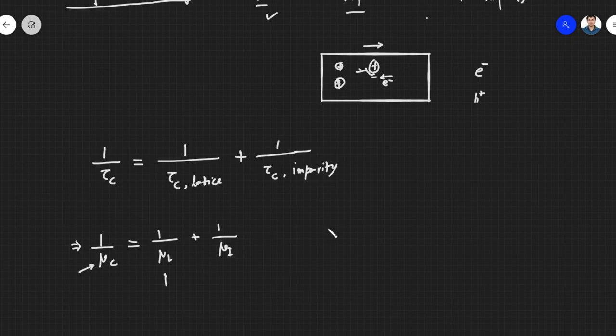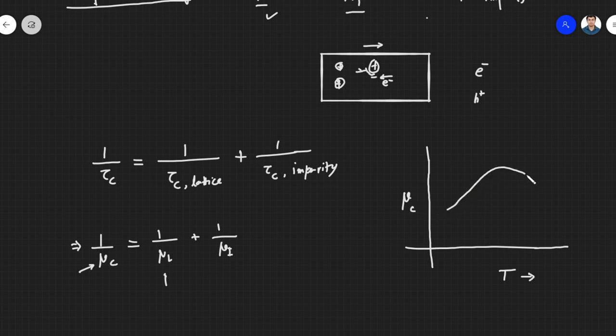And if you plot temperature versus mobility for a material, the overall mu c, then you will see this kind of nature, right? So we are plotting with temperature.